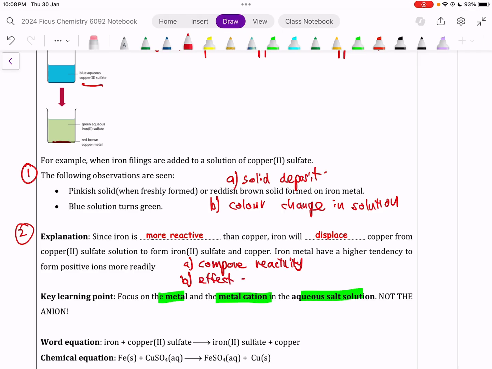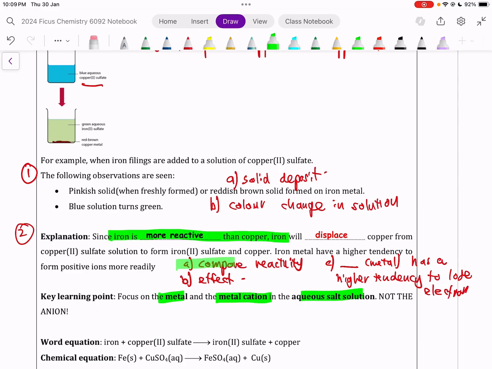Depending on whether it is a 1 mark or 2 mark question, if it's 2 marks, you might want to add on this point to say which metal has a higher tendency to lose electrons. So I compare reactivity, which is this part.